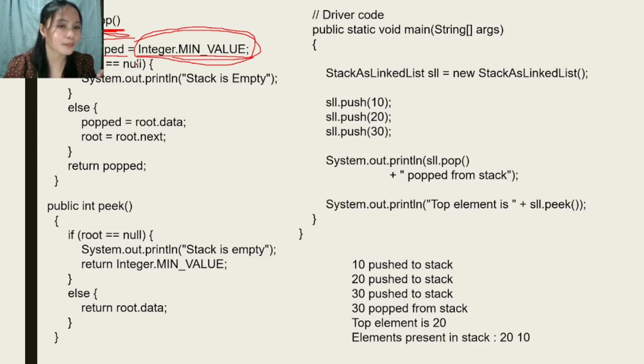So if root is equal to null, print stack is empty, else popped equals root.data. Let's go back.